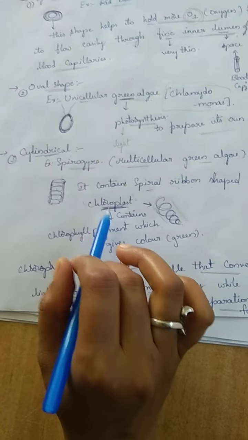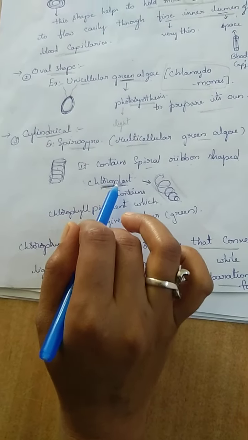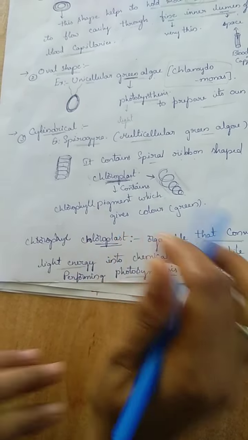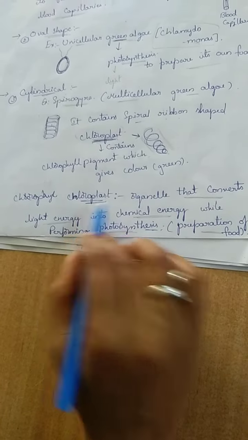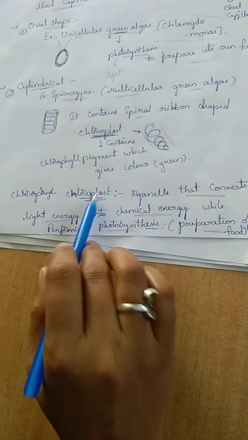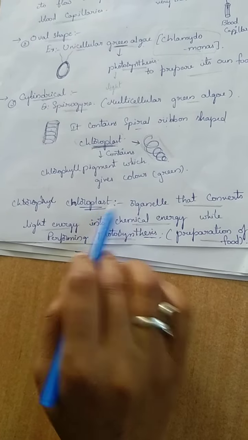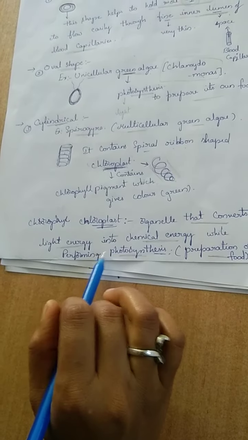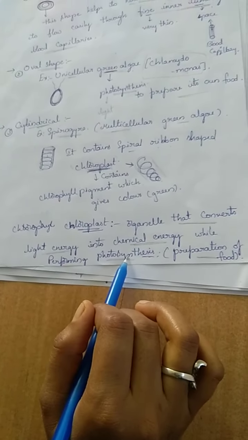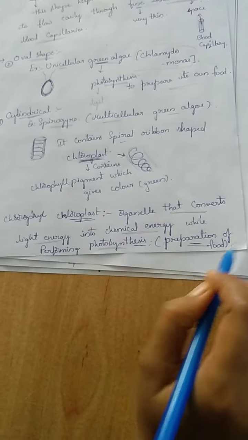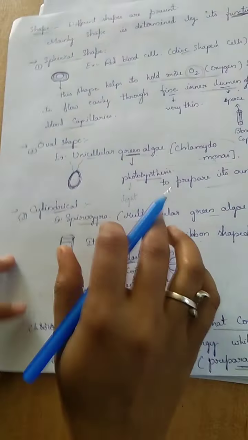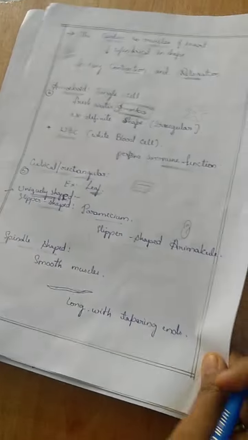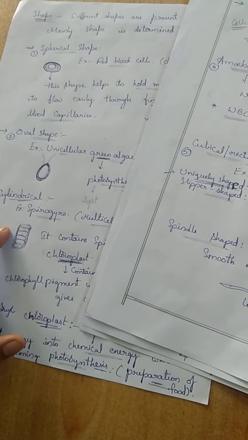Because they contain chloroplast, and this pigment is very helpful to synthesize its own food. How is it helpful? During photosynthesis, chloroplast mainly helps to convert light energy into chemical energy so that they can prepare food. The cell organelle chloroplast is very important. It is present in plants. Okay, this is about cylindrical shape.